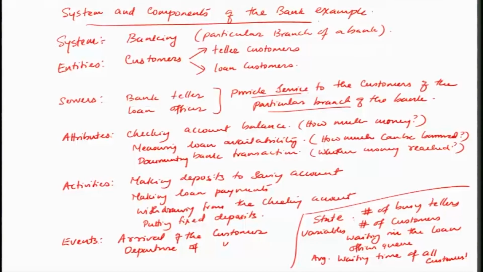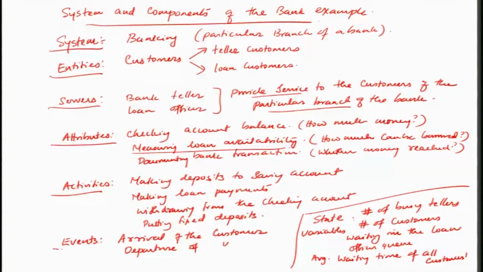If you think about it, the system here is a banking system, and the entities are two types of customers, the teller and the loan customers. Servers are the bank teller and the loan officer who provide service to the customers. Attributes are checking account balance, measuring loan availability, documenting the bank transaction, whether the money has reached, yes or no. Activities: you can make a deposit into your savings account, make loan payments, withdraw from the checking account, put fixed deposits.